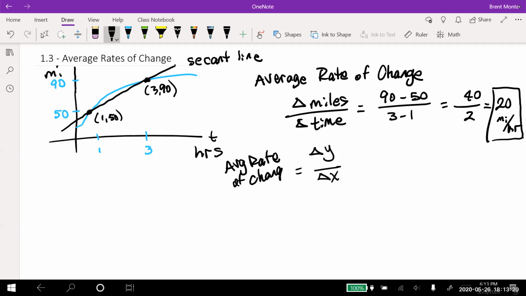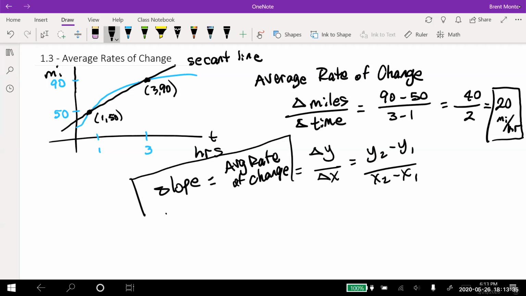But we've seen that before. Some of you already recognize that's just the slope. That was really y2 minus y1 over x2 minus x1. So the average rate of change just means the slope. Specifically, it's the slope of the secant line. Let's write of secant line right here. So the slope of the secant line is my average rate of change.